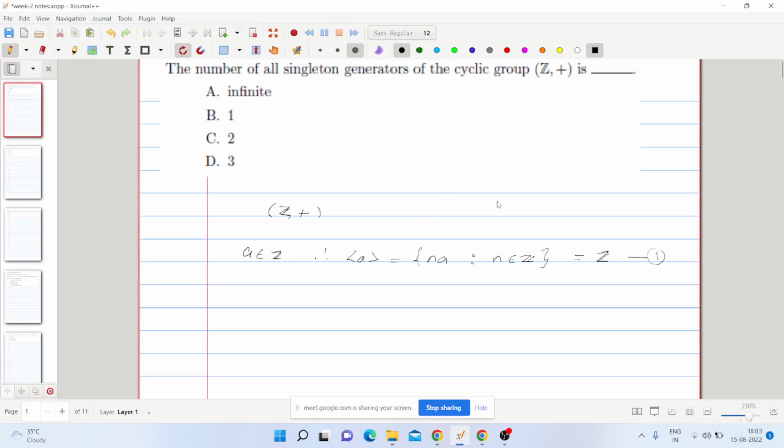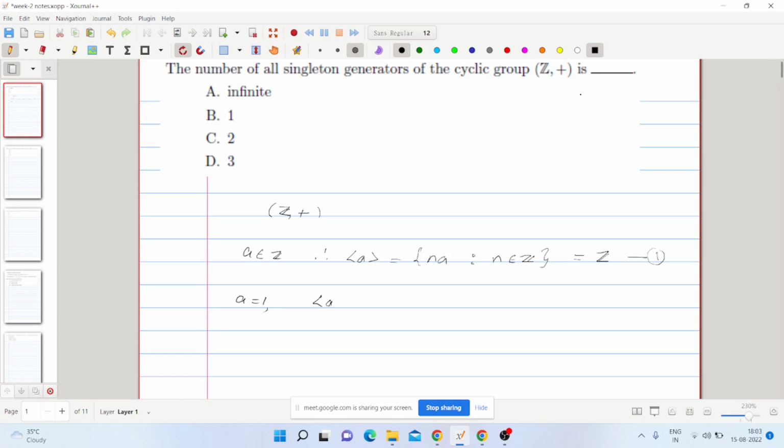First of all, can anyone say one generator of the group Z? What can be the generator of Z so that it satisfies this condition? Let us take a equal to 1.